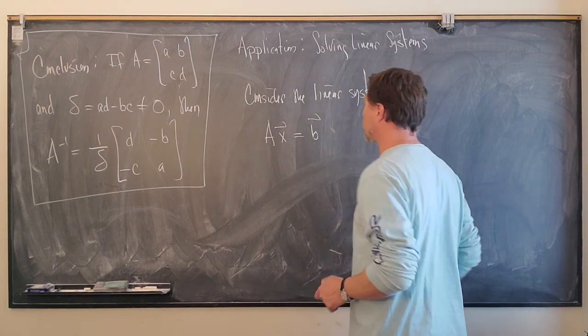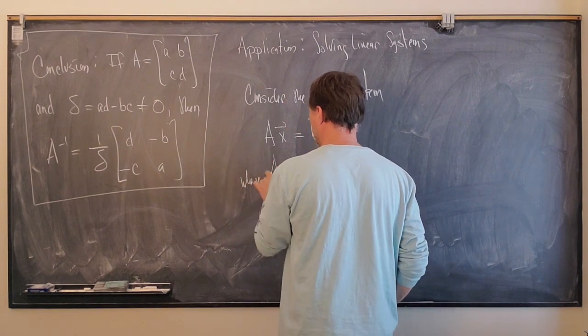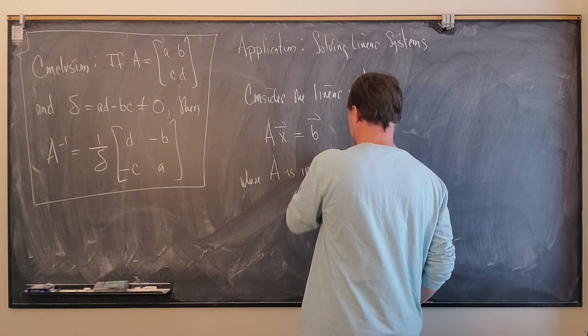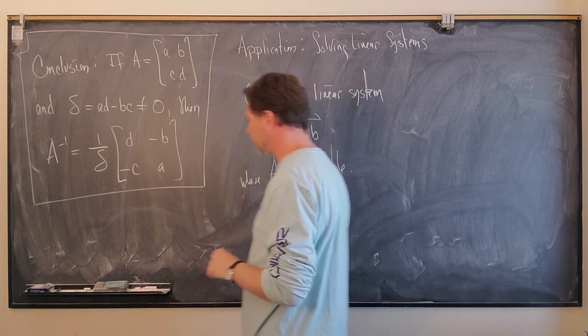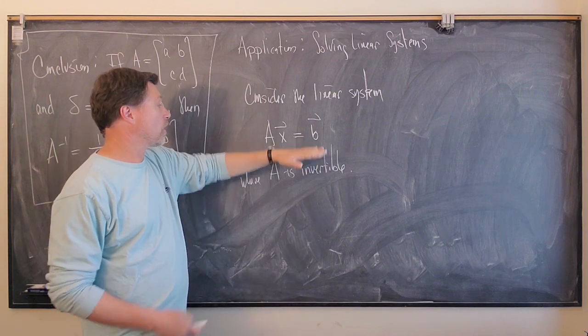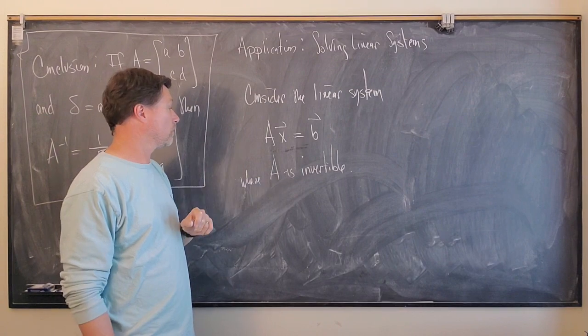So consider this linear system where A is invertible. So suppose you're handed a linear system, you rewrite it as a matrix equation like this, where it turns out that this coefficient matrix is invertible.